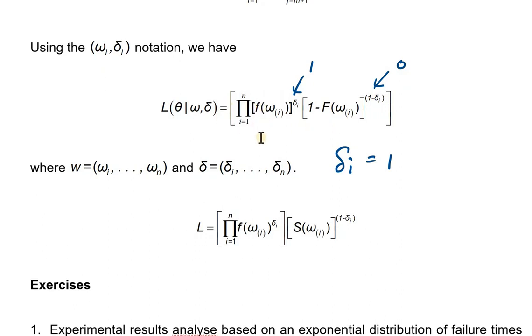For each data, it can only take either one. Let's say delta i equal to 0. Then 0 means we don't have the PDF function, because it is to the power of 0, and 1 minus 0 equals 1, so it will take this function instead. So this indicator variable determines which function the data will take.